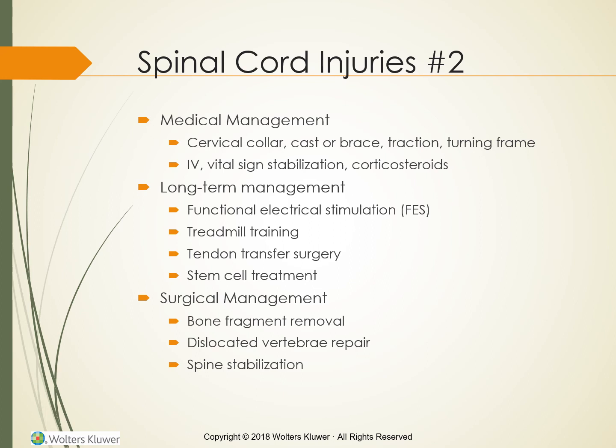Then we have stem cell treatment. Now, nerve cells in the central nervous system, which includes the spinal cord, lose their ability to regenerate when they're injured. So there's a focus on finding cells that, when transplanted, can replace the nerve cells that have been damaged. Now, stem cells are pluripotent.